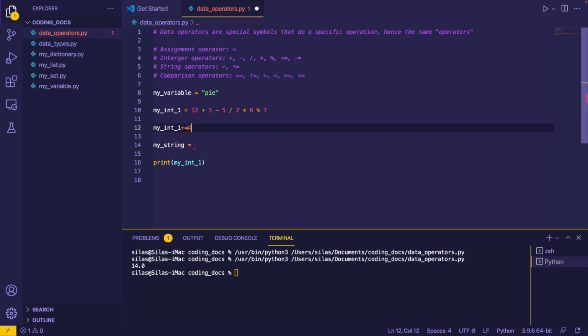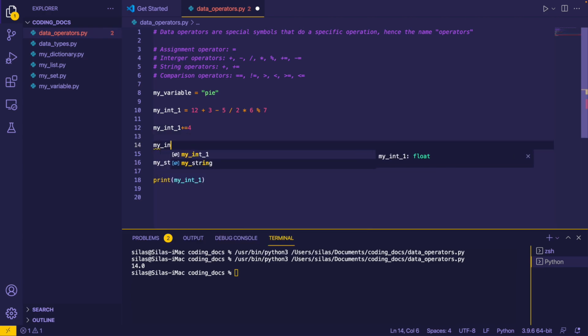So we have 4 here, and we're just adding 4 to my int. But if we did my int 1 and we just did this, my int would still not equal 4 because we're not assigning 4 to this variable. All we're doing is adding 4 to the variable.